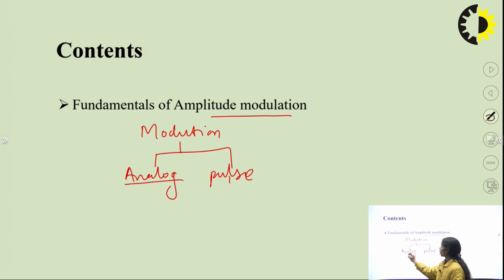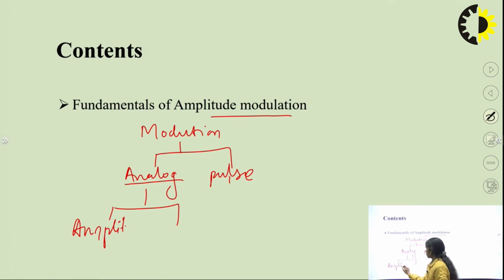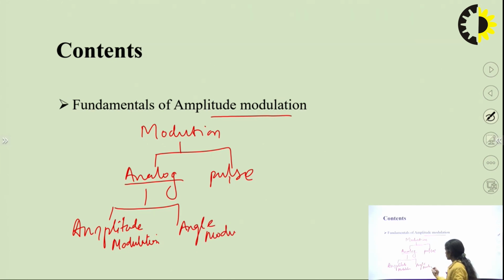Analog modulation again has two types, amplitude modulation and angle modulation. In this topic, I am going to cover the amplitude modulation details.